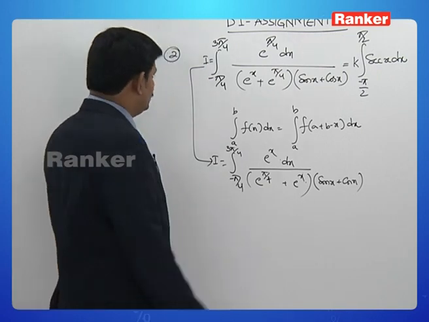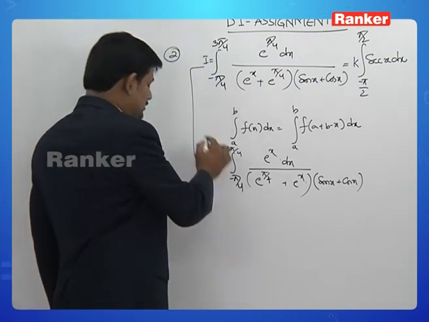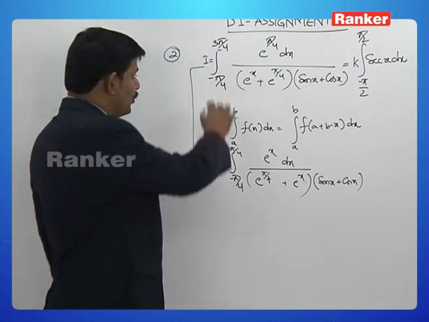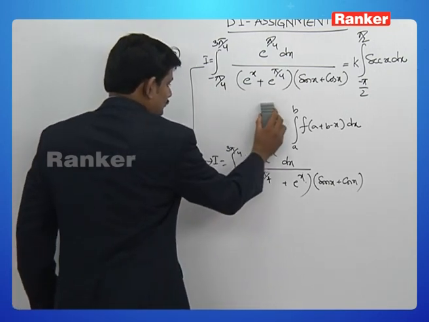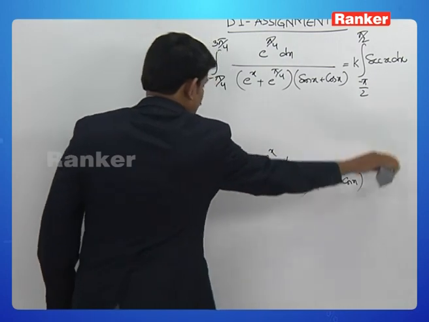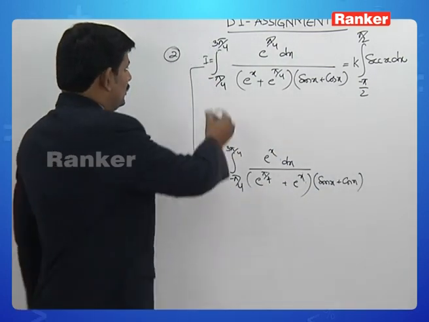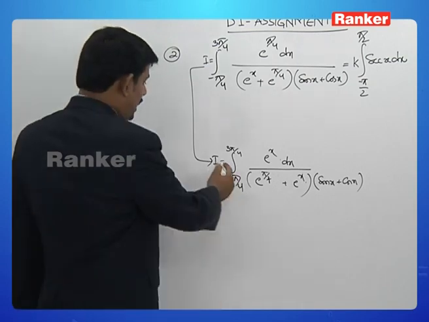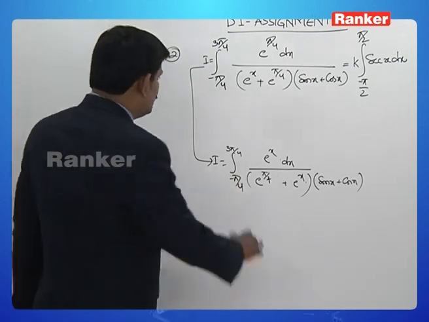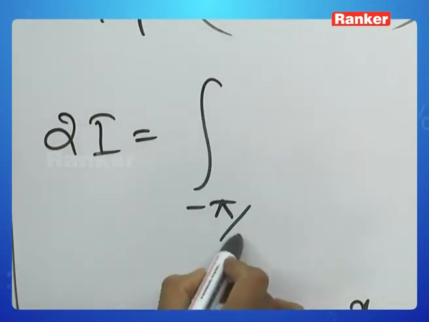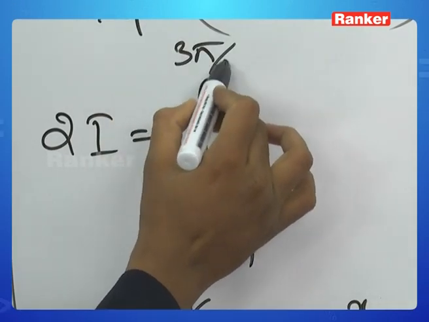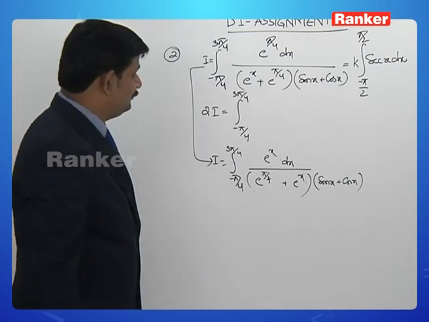So, for that what we will do is add both the integrals. I is this much, I is this much, adding both of them, 2I. The upper limit and lower limit are both the same, that is the reason we are able to add.